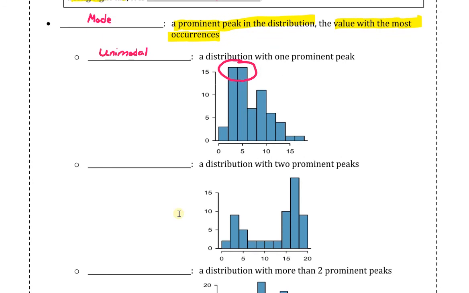Other times you may see distributions that have two prominent peaks. In this scenario, you are seeing what is referred to as a bimodal distribution. Again, that is when there are going to be two prominent or two most occurring values.